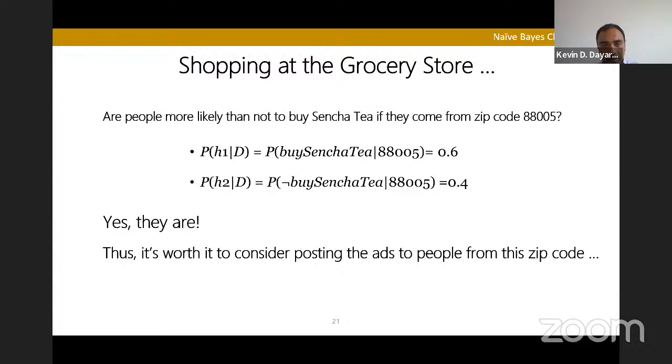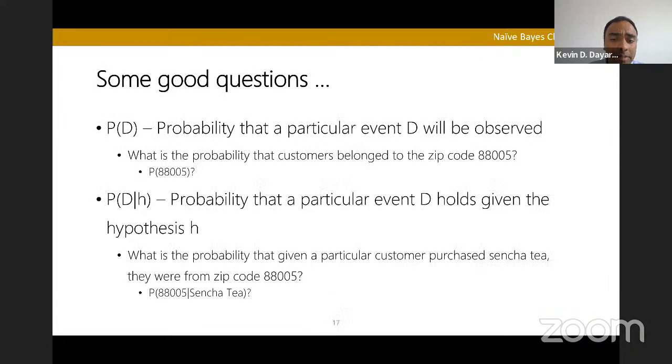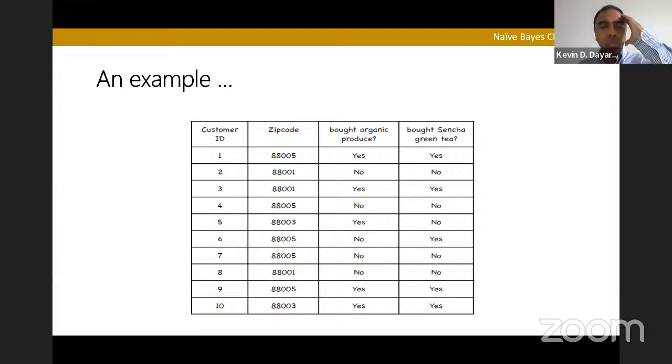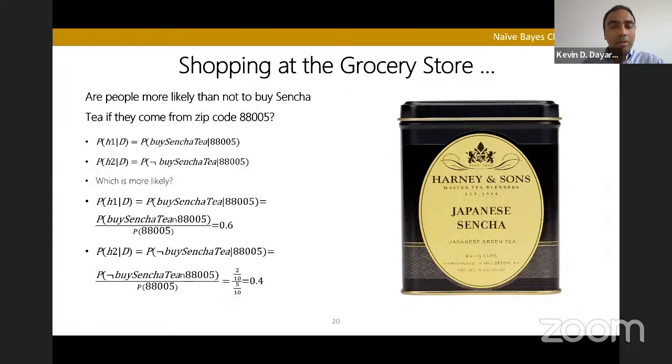Now, I'm actually going to backtrack a little bit here because there is a very useful way to consider conditional probabilities. This is discussed in more advanced probability textbooks. Suppose you want the probability of purchasing Sencha tea given that you belong to zip code 88005. We showed how this can be computed right here.